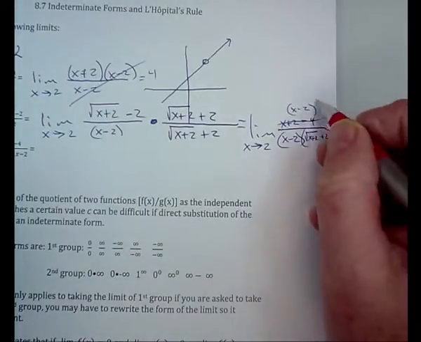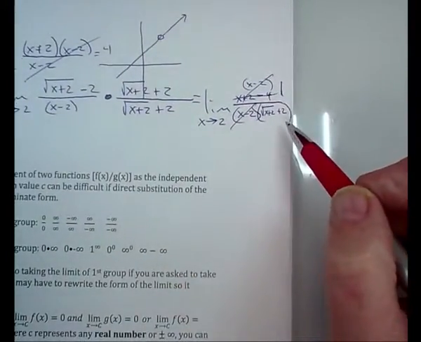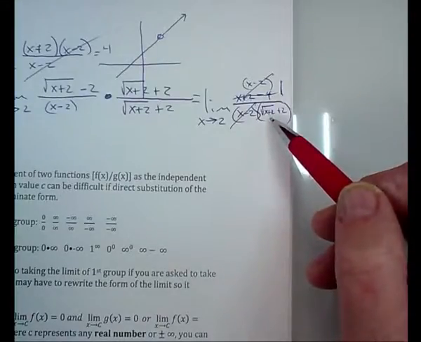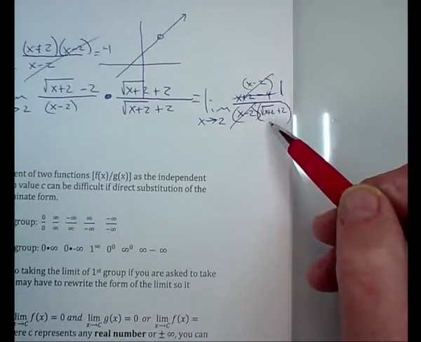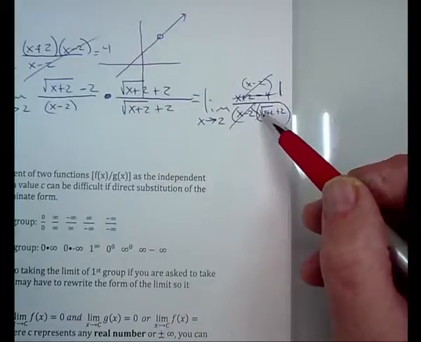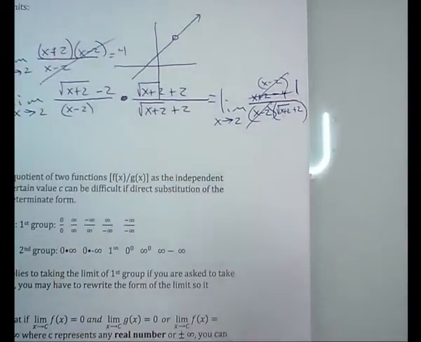They simplify. And so what is my limit here? You get 2 plus 2 is 4, square root of 4 is 2, 2 plus 2 is 4, so 1/4. Awesome. Very good.